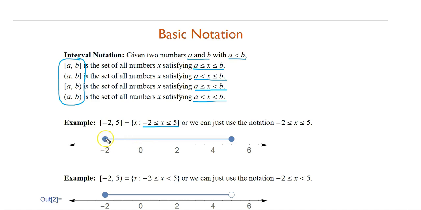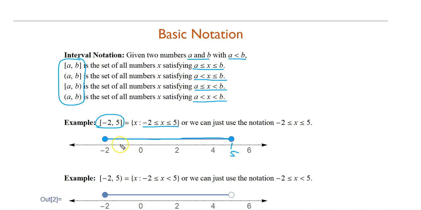We start at -2 on the left, and x can equal -2, so we fill that in with a circle, and then we just draw a line like this all the way over to 5. That's 5 right there, and we fill in with a circle right there. So this notation represents all the numbers from -2 to 5, including -2 and 5.